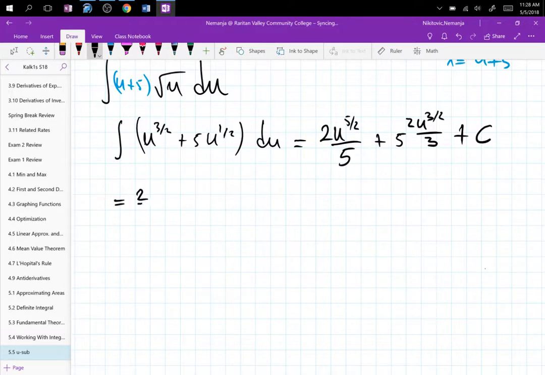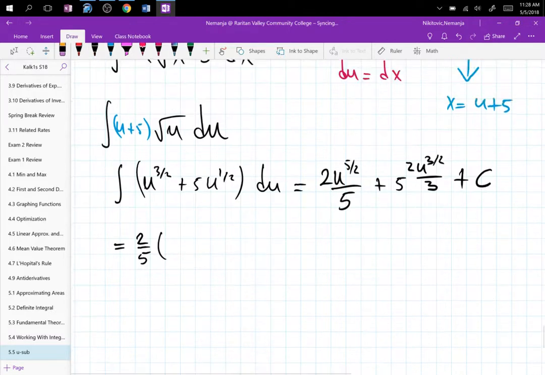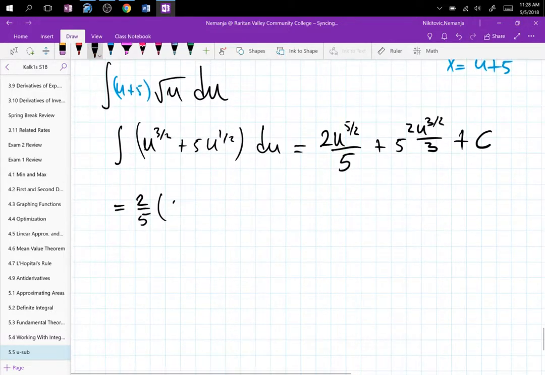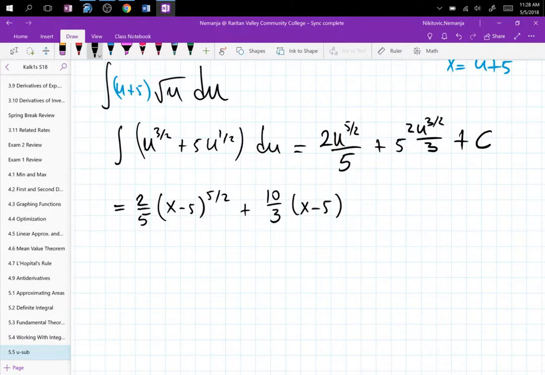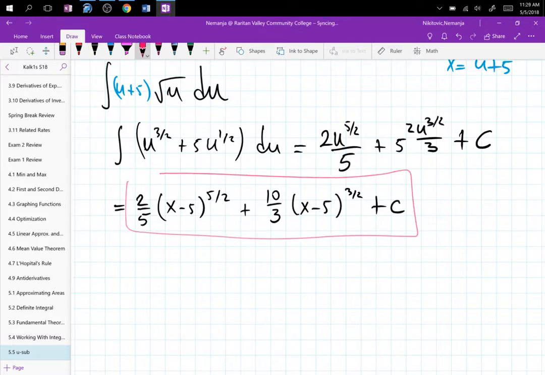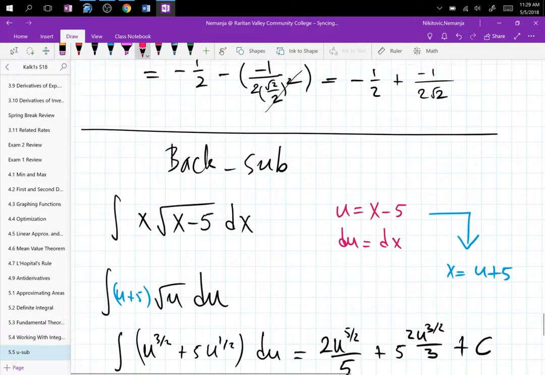I have 2/5 u to the 5 halves, u was what? x minus 5, to the 5 halves, plus 10/3 x minus 5 to the 3 halves plus c. And that will be the answer.